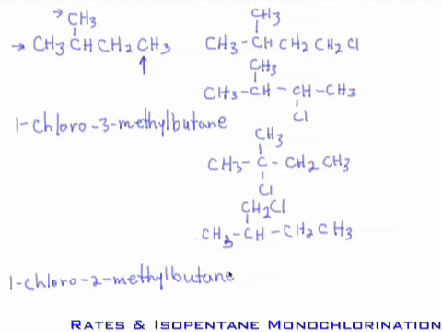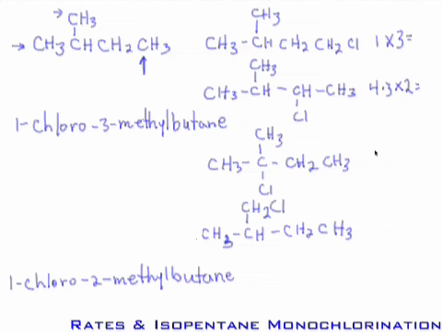Now, once you've got them, you can figure out the probabilities. This is primary, so it gets 1. There are only 3 hydrogens that can be pulled off that would give you the same product. So it's 1 times 3. This one is off the CH2. There are 2 hydrogens there. It's secondary. Secondary uses 4.3. The tertiary, there's only 1 hydrogen.